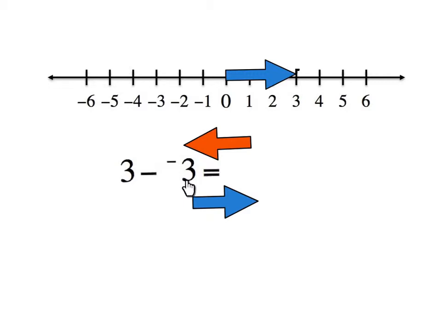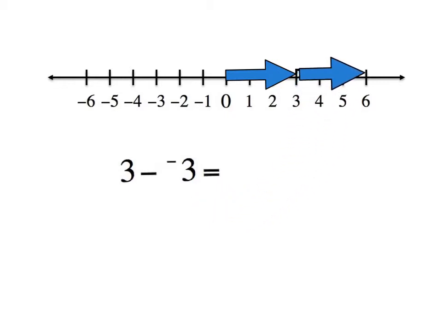So now I've done the opposite. I no longer need the negative since I'm working with the opposite. I'm going to take this arrow and place it right at the 3 again, and you'll see that 3 with the opposite of -3 equals 6.